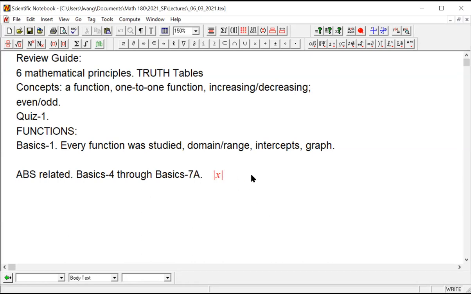It turned into different forms, an if statement, and so on and so forth. Basic 4 through basic 7A are just if statements. And here is the statement, and that statement turned into various forms in the if situation.